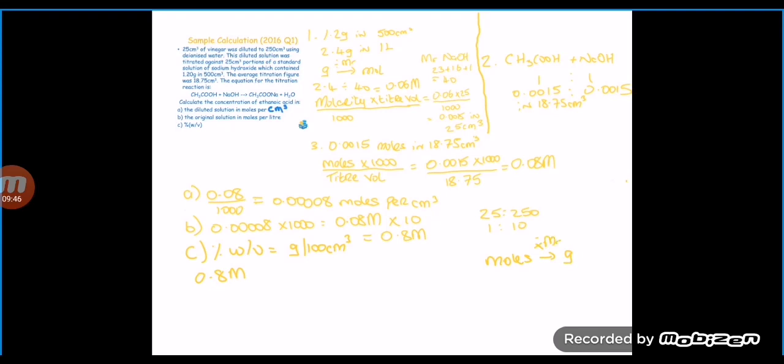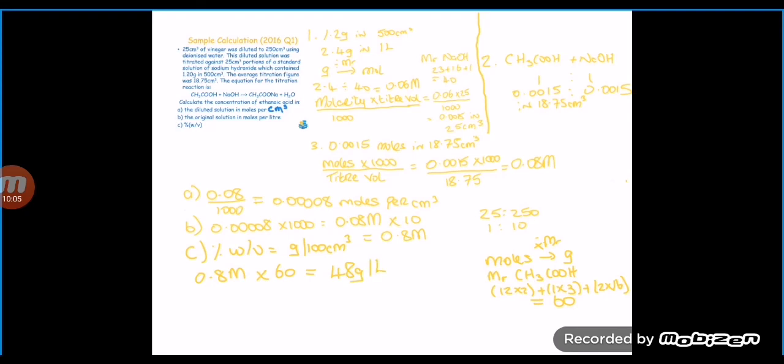So we need to multiply by the molecular mass of our ethanoic acid, which is CH3COOH. And we know that the molecular mass of the ethanoic acid is 60. So if we multiply by 60, we get 48 grams per litre.